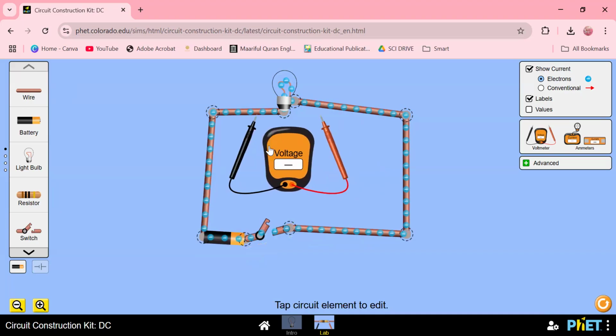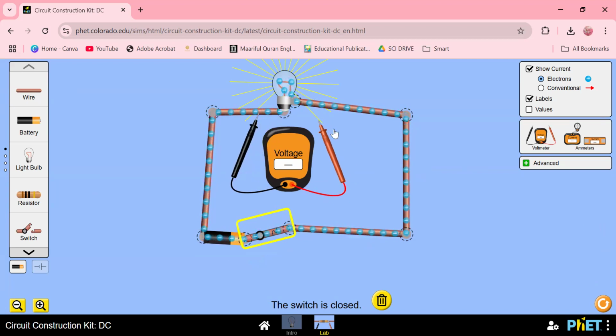Now, telling about the voltmeter, if you want to check for the voltage, let me close the circuit. Now the circuit is closed. Now look at this, Puta. I have to connect the points here. Now I'm not connected anywhere, so the voltage is none. As soon as I connect it, can you see? The bulb is 9 volt, so wherever I keep it, from here to here, it is always 9 volt.